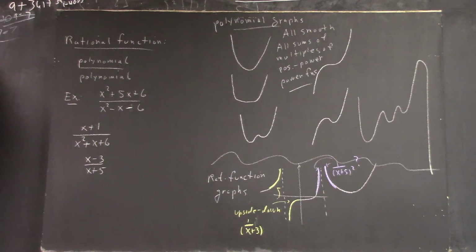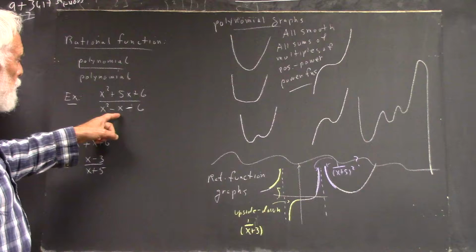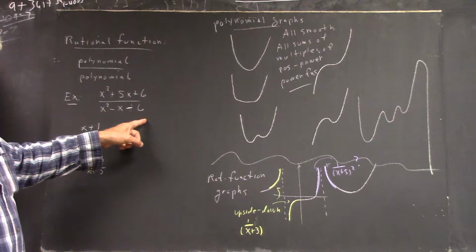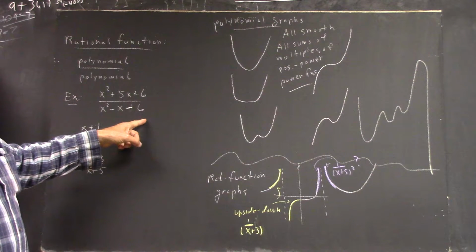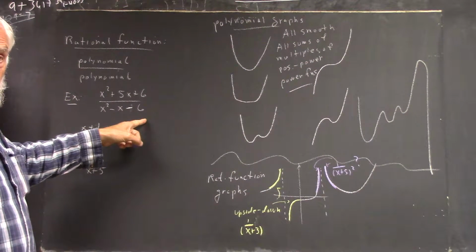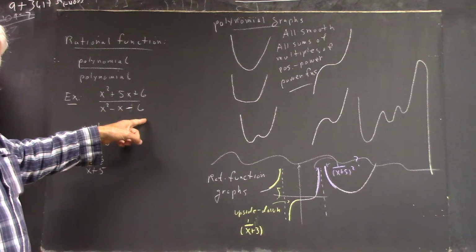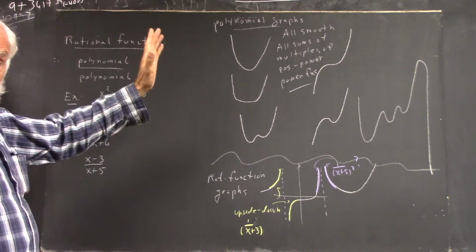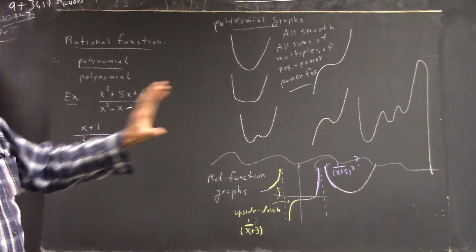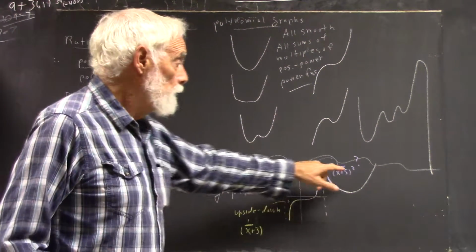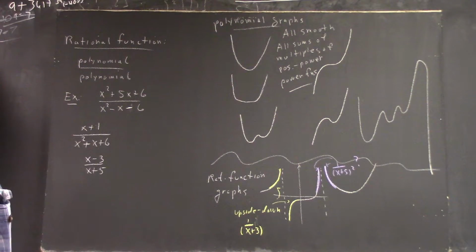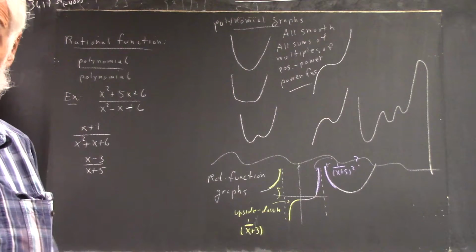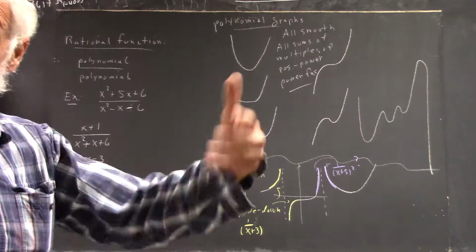And those occur because, for example, x squared minus x minus 6 has zeros at x equals 3 and x equals -2. So it's going to have vertical asymptotes there. Those vertical asymptotes are going to behave like translated and stretched basic power functions. Okay? Negative power functions.